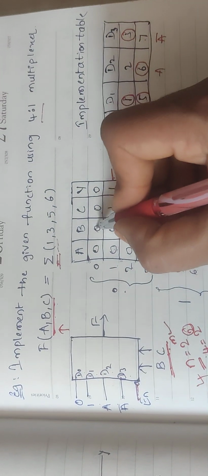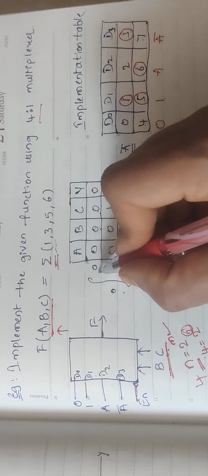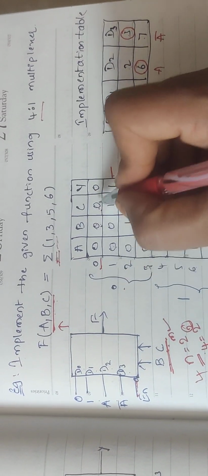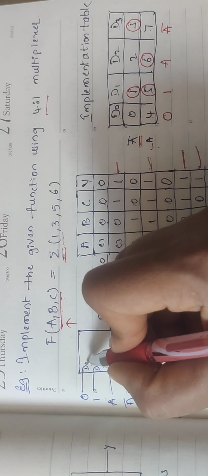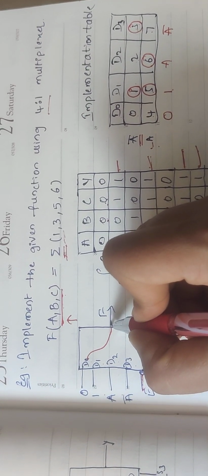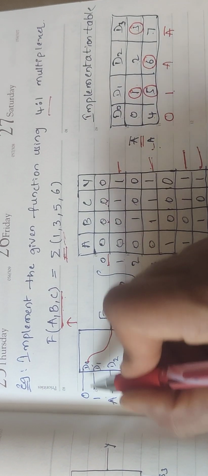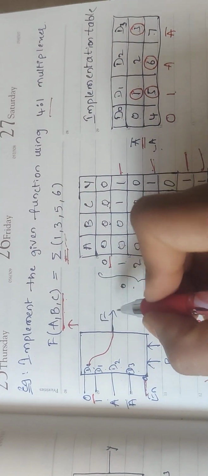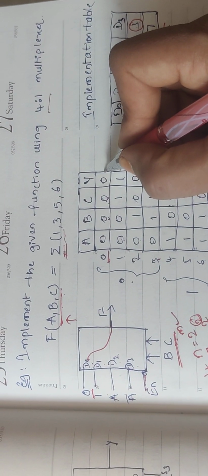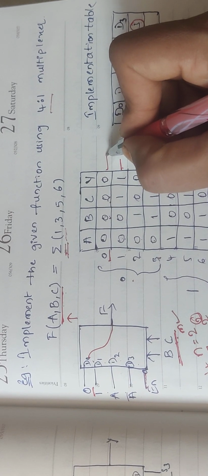Then if both the values are 0, the decimal value for this is 0. That is, D0 will be connected to the output and the corresponding value is 0. If D0 is connected to the output, the output is Y.